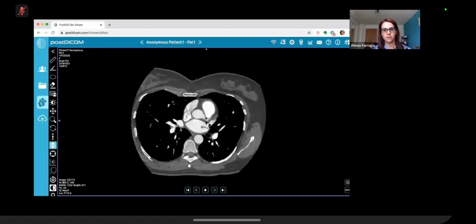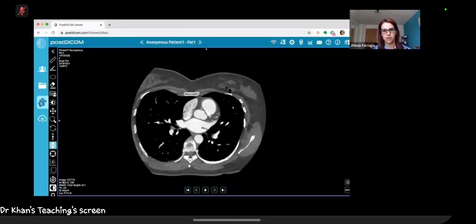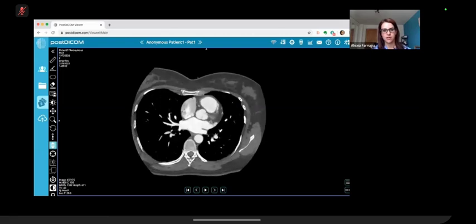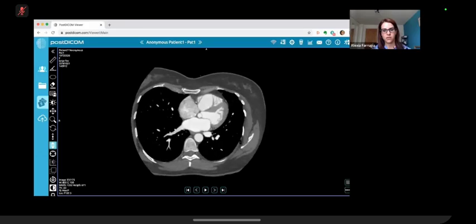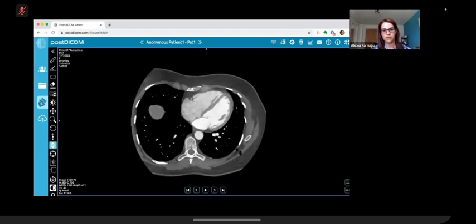Left main stem is arising normally from the left coronary cusp as well. So that's the LAD. And that is the left circumflex. There was no evidence of calcified plaques throughout.